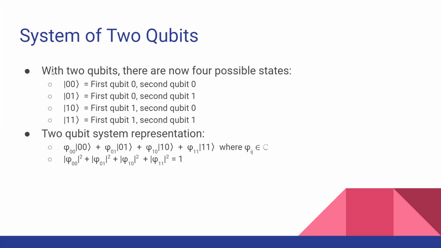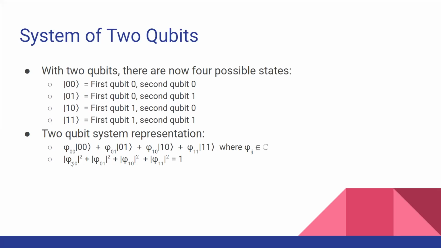So once again, with 2 qubits, there are now 4 possible states we can represent: 0, 0, 0, 1, 1, 0, and 1, 1. And the 2 qubit system is represented as such, where we have phi 0, 0, phi 0, 1, phi 1, 0, and phi 1, 1, representing the probability amplitude that each of these states is measured. Once again, each of these phi's is a complex number, or can be a complex number.